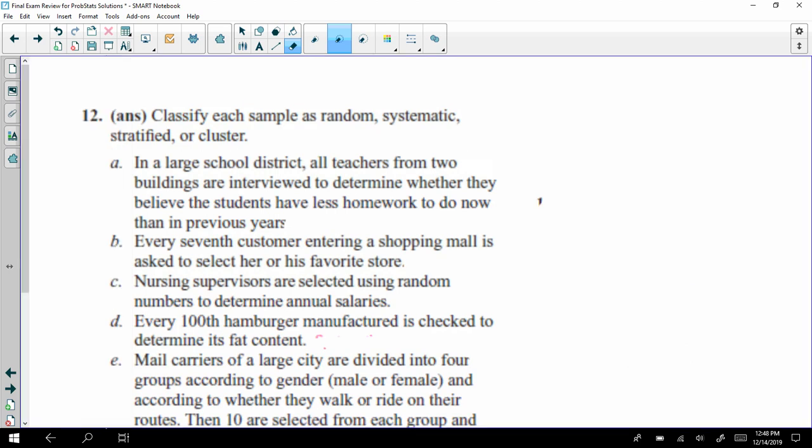Okay, so let's talk about random, systematic, stratified, or cluster. So some key things about cluster sampling, guys, is it usually has to deal with location. Clusters are chosen randomly.